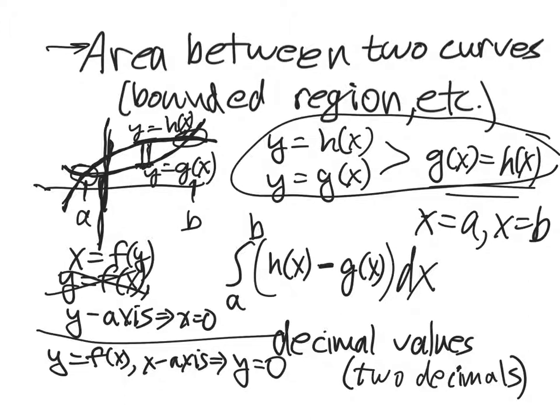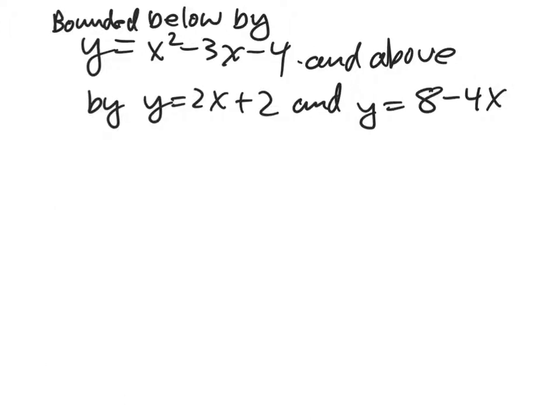And we'll take a look at one here. So this is number 4 on the summary for area of a region, where bounded below, that means this is going to be on the bottom part, and then above by 2 different lines.